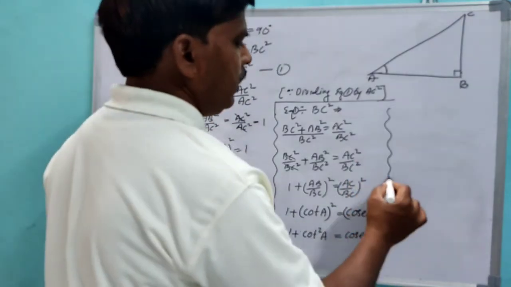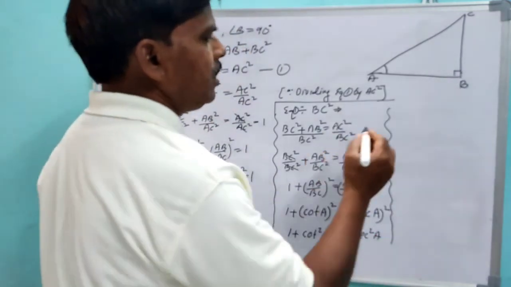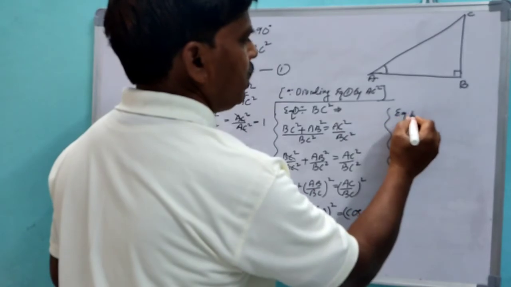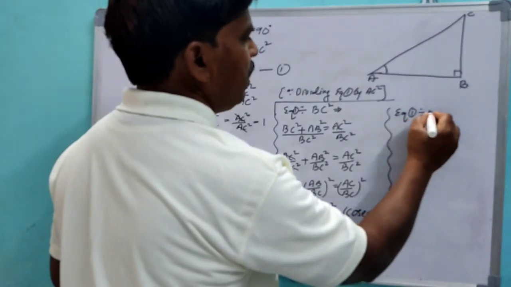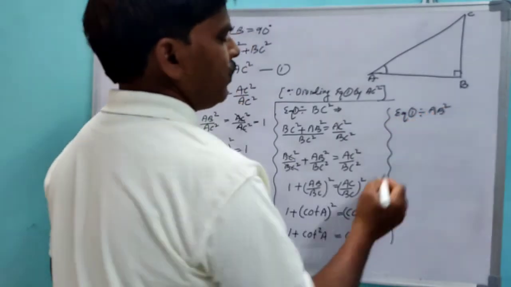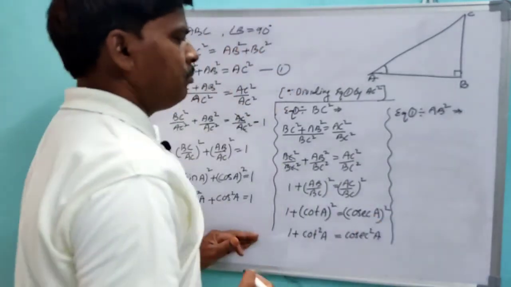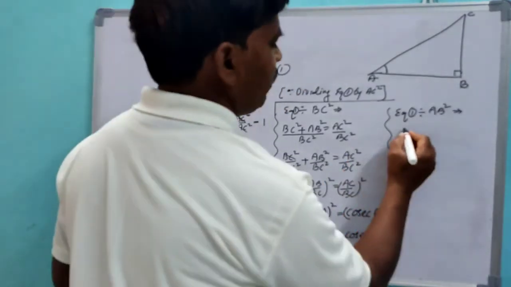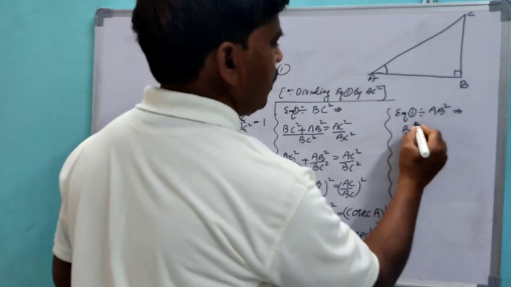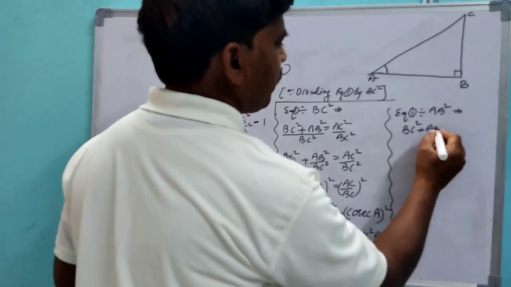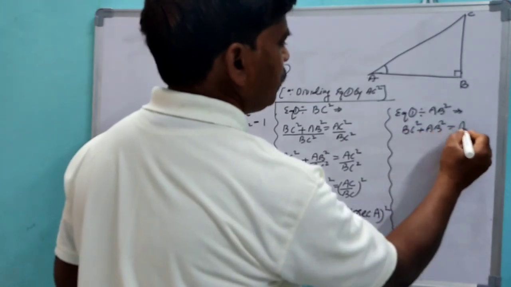And the third identity is equation 1 divided by AB square. As we know, equation 1 is BC square plus AB square is equal to AC square.